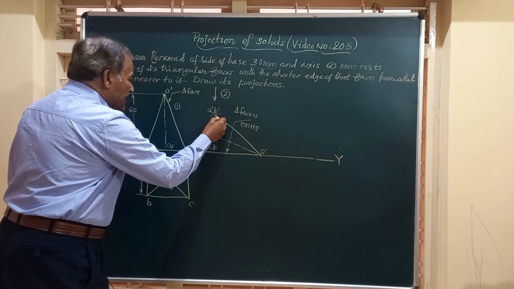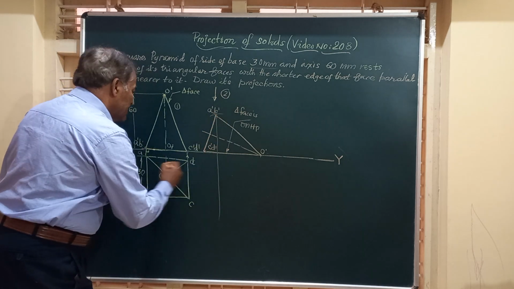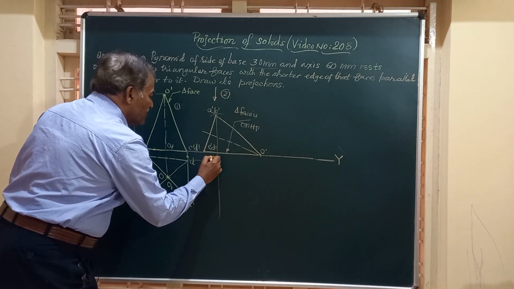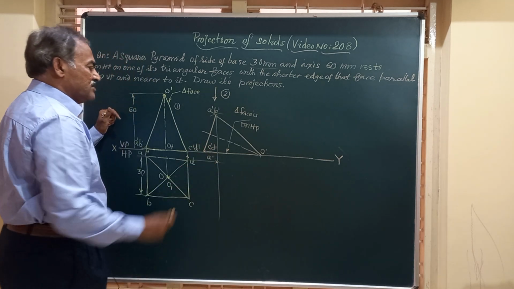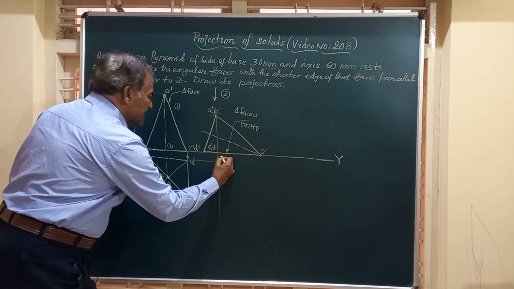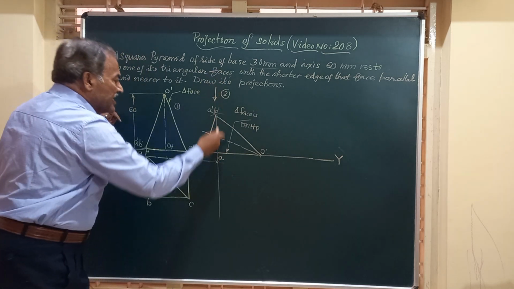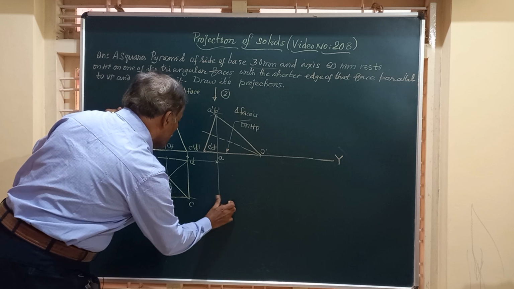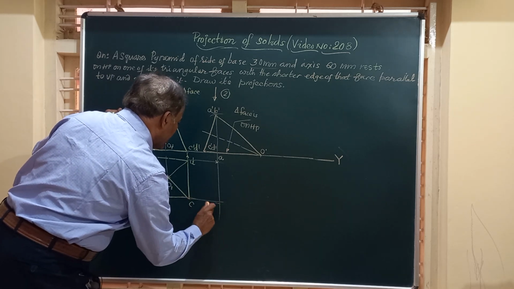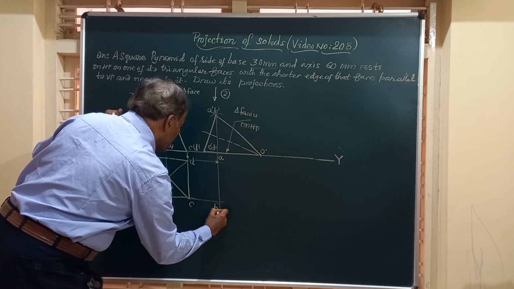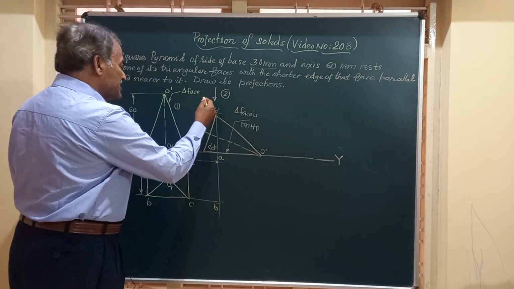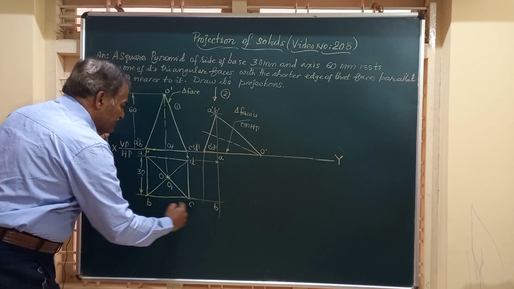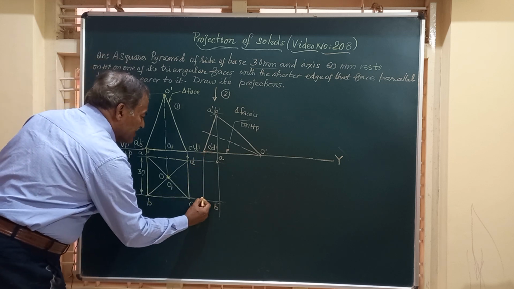So draw a vertical line from A, a horizontal line from here. These two intersect at this point. We will call it A. Similarly, a vertical line from B, a horizontal line from B. The point where these two intersect is our point B. So you have got A and B. Next comes C and D. Vertical from C, horizontal from C. The point of intersection is here.